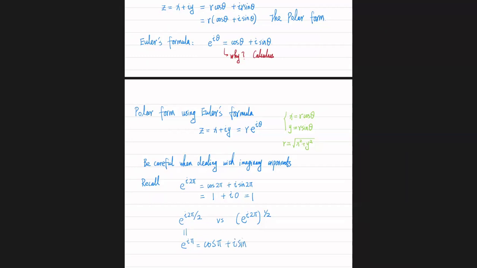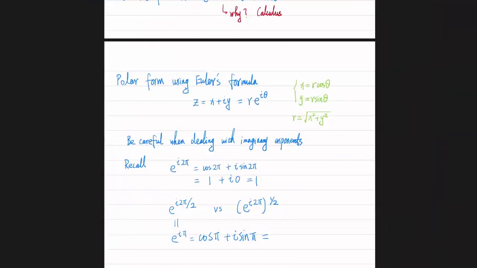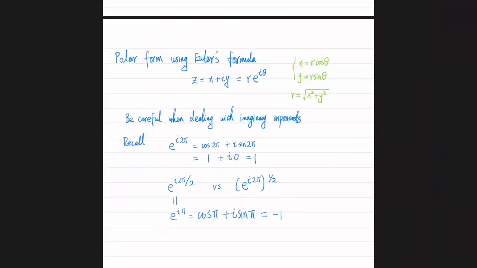Okay. So what's cosine π? If we draw a coordinate, π is this way. What's cosine π? π is 180, so cosine 180 is -1.